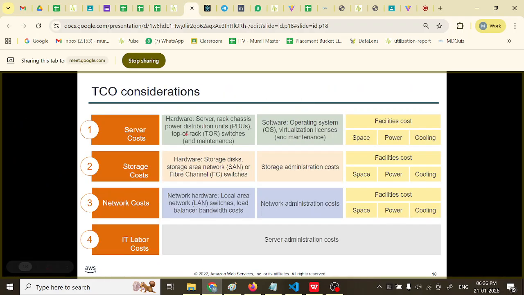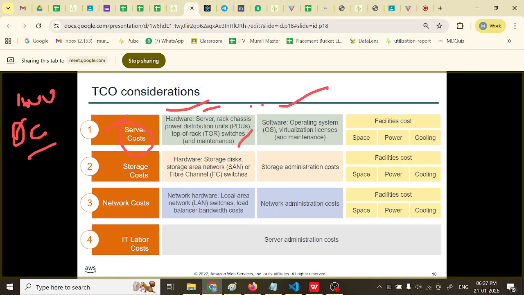Now, if you are considering 1,000 computers for a data center, what are all the additional direct and indirect costs? You see, the server costs, then the server has to be kept in a rack and stack. You have to connect the distribution units. You have to put an operating system on that server. Again, facilities cost. That is, you have to have space, power, and cooling systems because you're having servers, right?